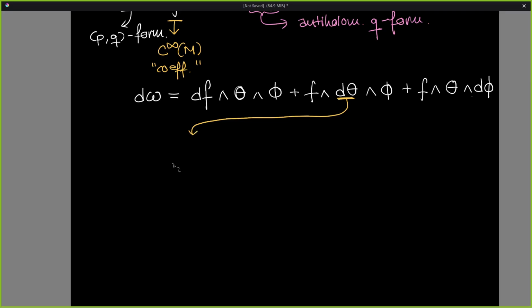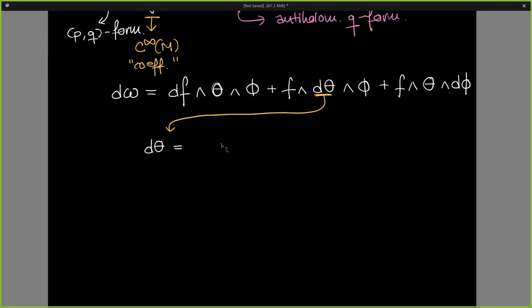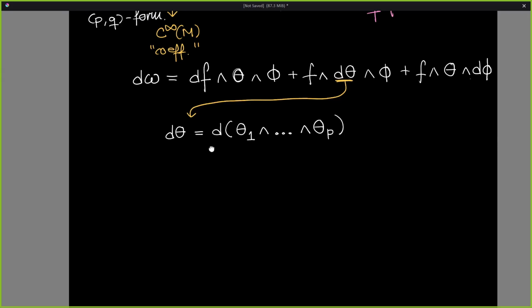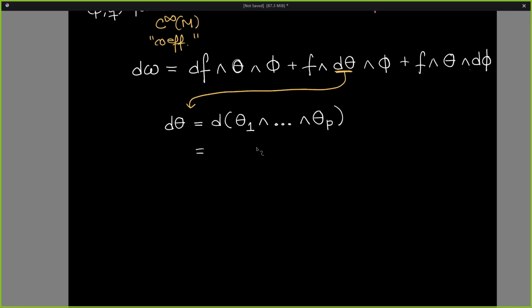So we look at this d theta, then that's equal to d of, so theta is a p form, right? So let's decompose it into a bunch of 1 forms. It'll look like that. And then we have to apply the product rule again. So this is d theta 1 wedge dot dot dot wedge theta p plus dot dot dot plus theta 1 wedge dot dot dot wedge d theta p.